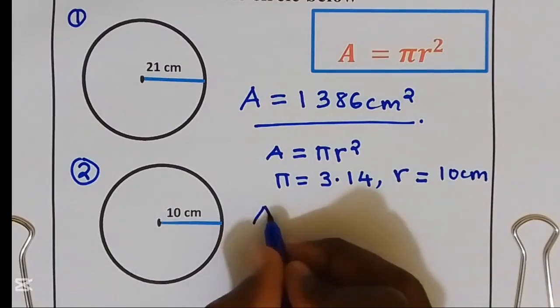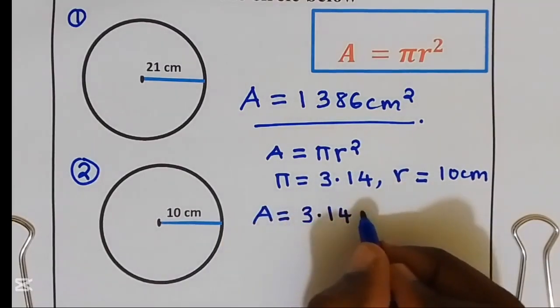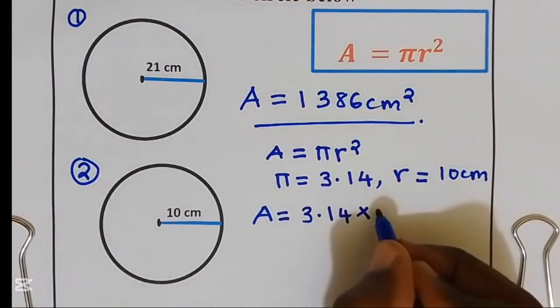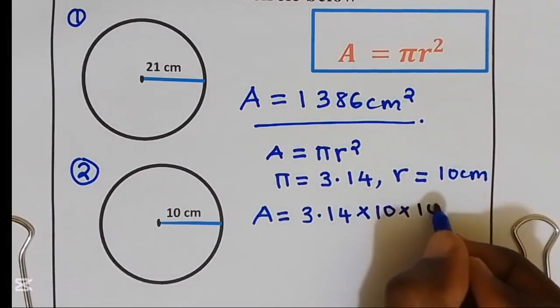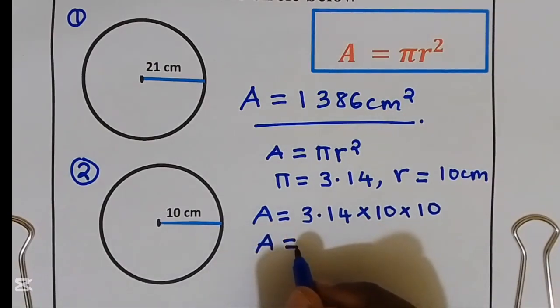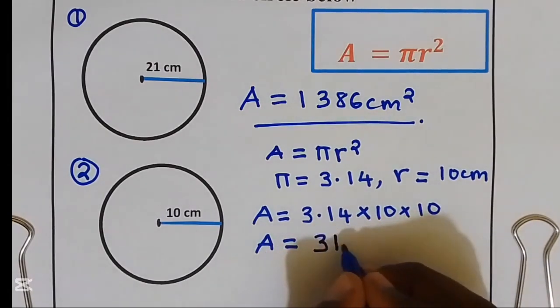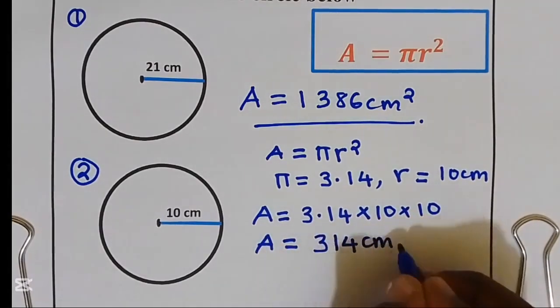Now my area will be equal to 3.14 multiplied by r square, which is 10 multiplied by 10. This will give us area is equal to 314 centimeter square.